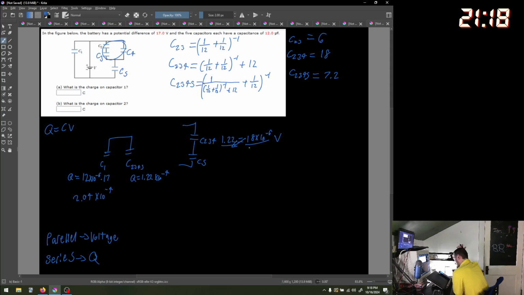Oh, that's much worse. Let's put parentheses around this. There we go. And here we're going to get voltage is equal to 6.77.